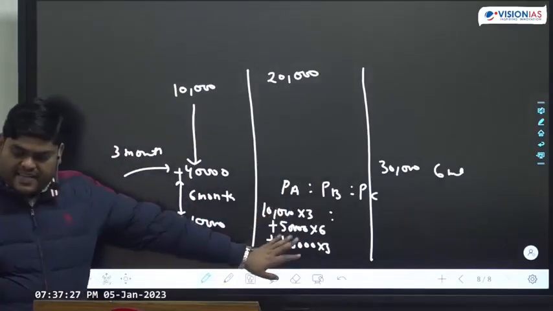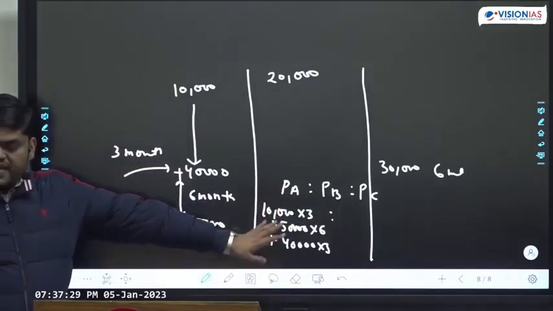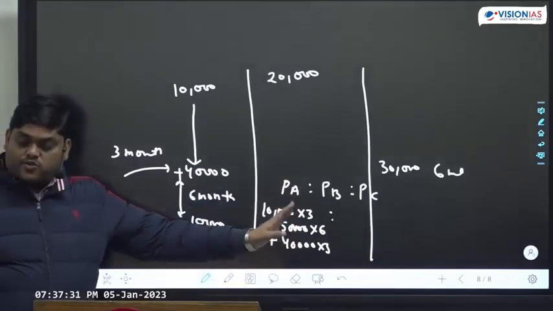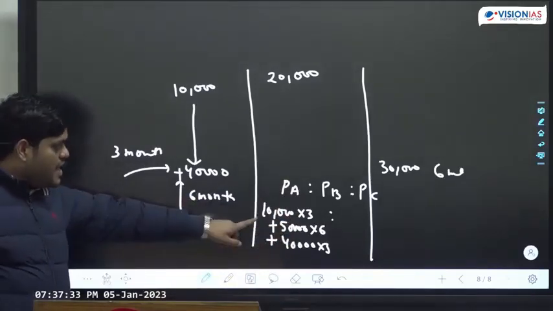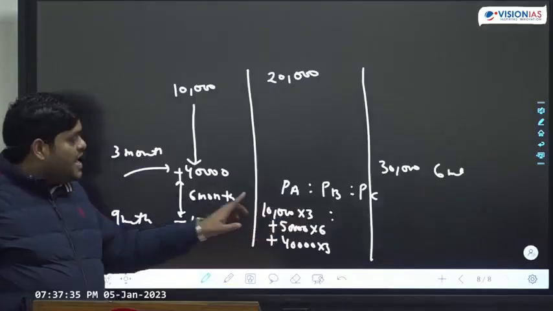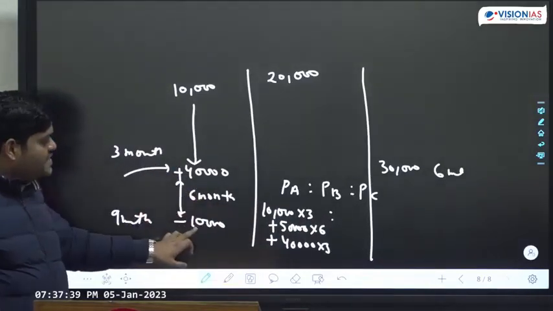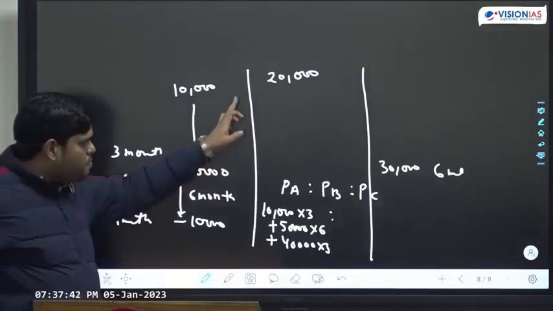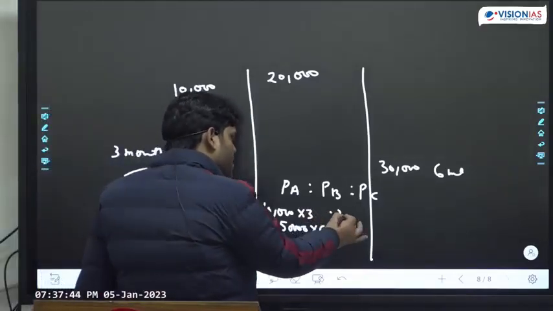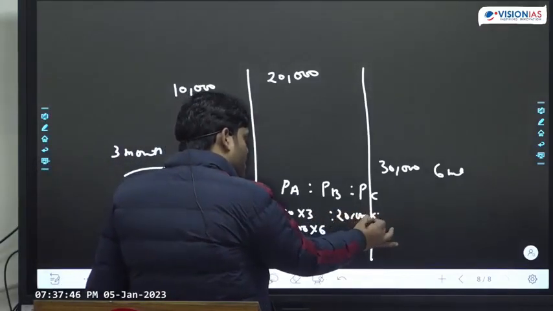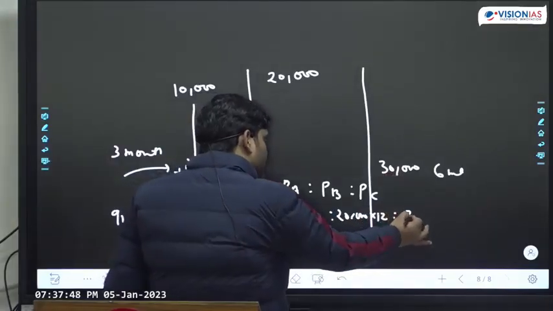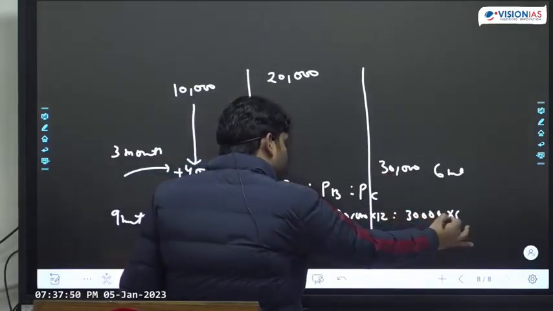A student might make a mistake here. The first amount is for 3 months and the second amount is for 6 months, because after 9 months 10,000 is taken back. So B will be 20,000 for 12 months and C will be 30,000 for 6 months.